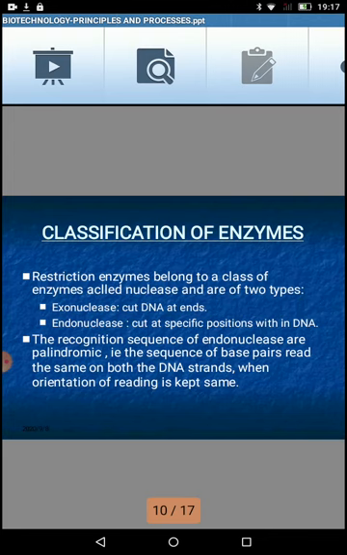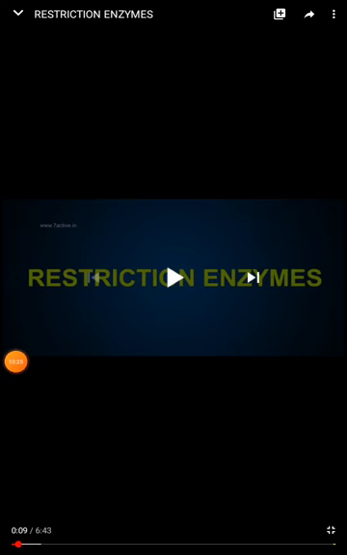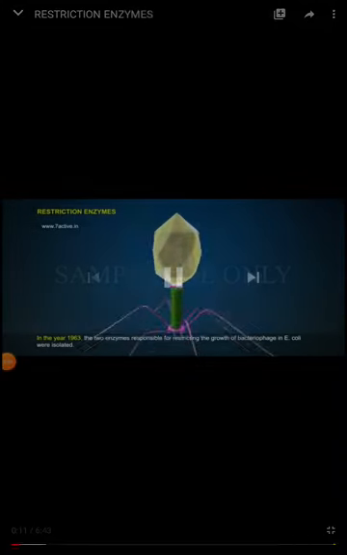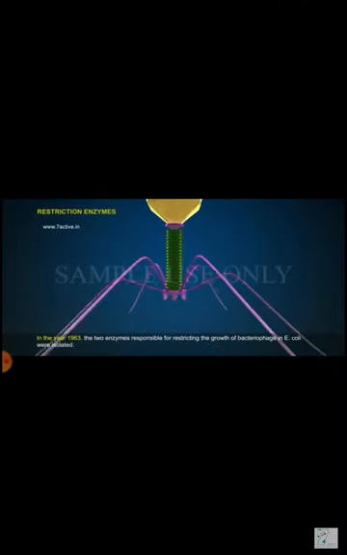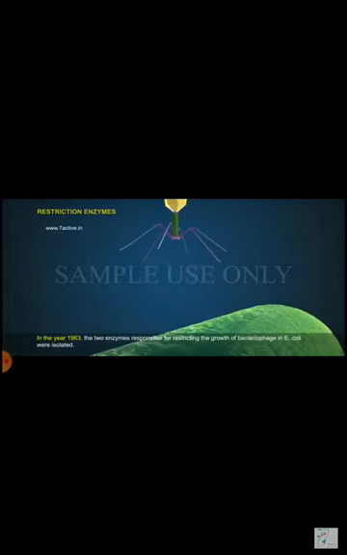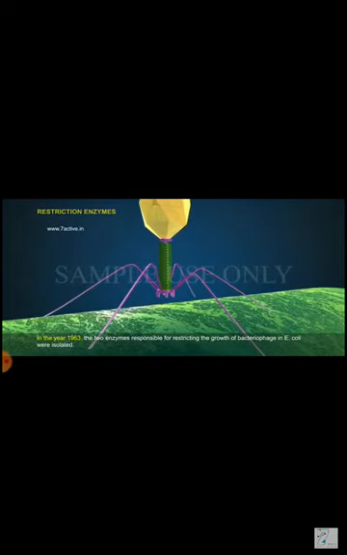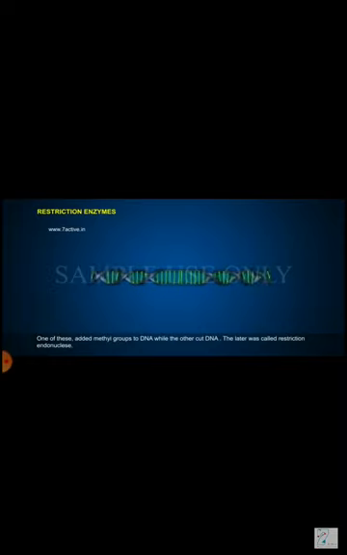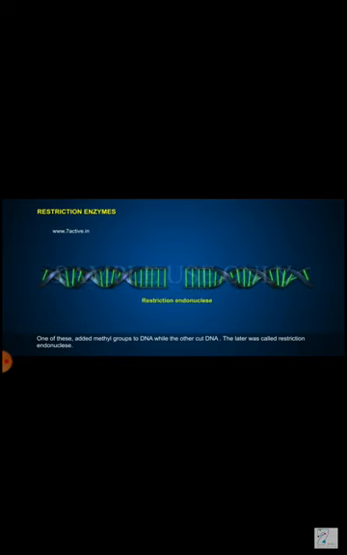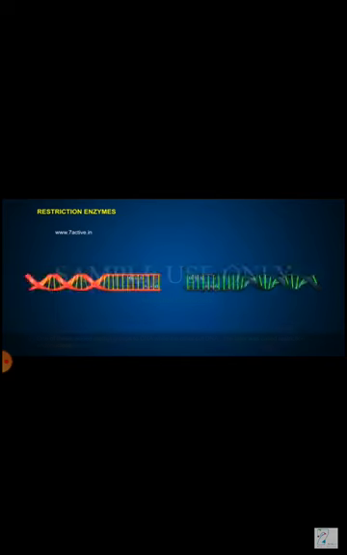At this point, let us have a look at a slide here. Enzymes. In the year 1963, the two enzymes responsible for restricting the growth of bacteriophage in E. coli were isolated. One of these added methyl groups to DNA, while the other cut DNA. The latter was called restriction endonuclease.